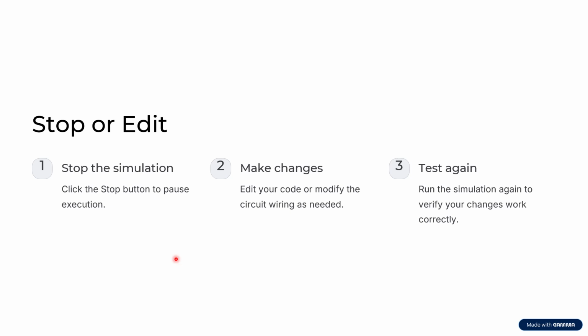You can also stop the simulation by clicking the stop button to pause the execution, make necessary changes if needed, and test again with different outputs. Run the simulation again to verify your changes work correctly. This way we can have the online simulation, which makes the working process much simpler without any hardware required.